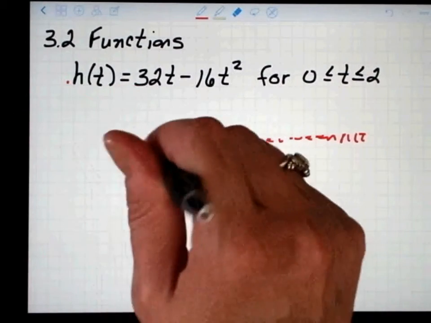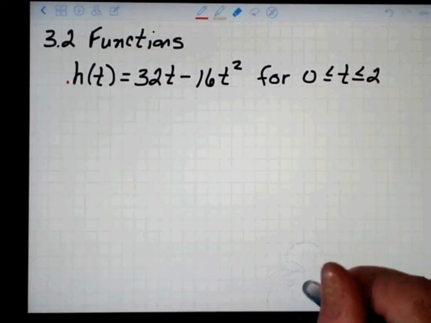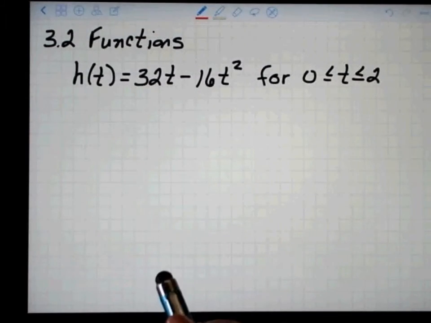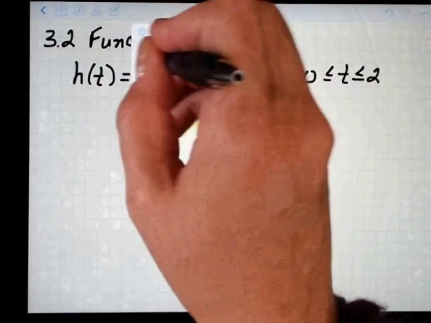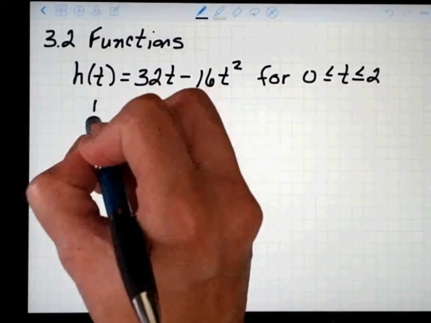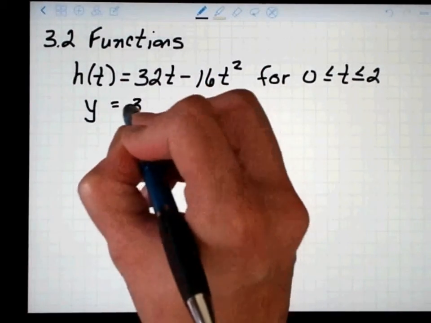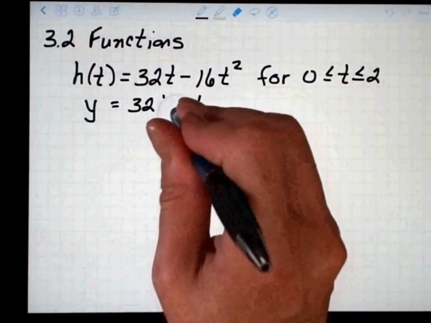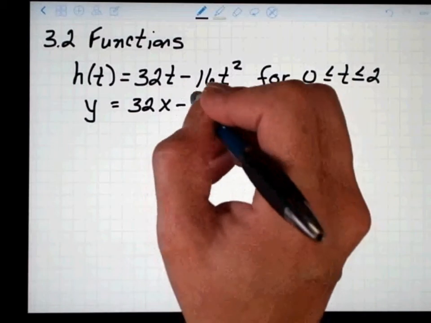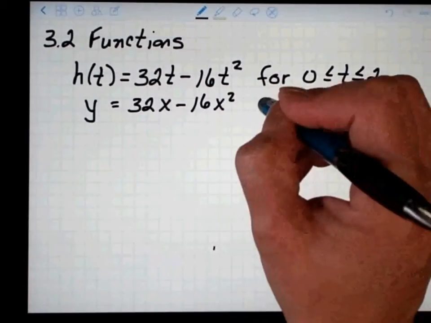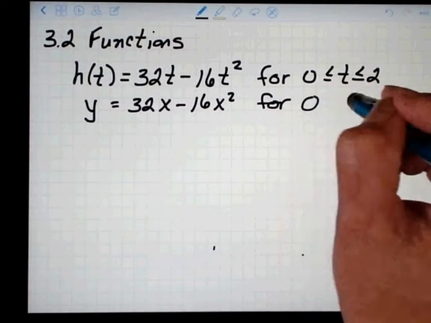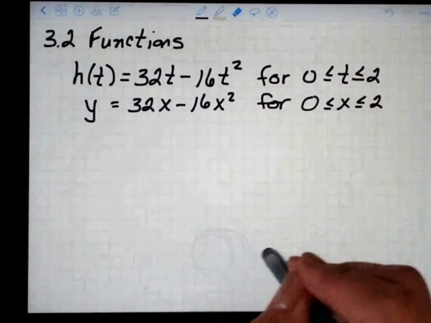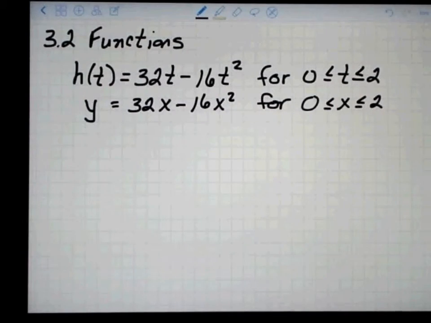If we were to say that y is the height of the ball and x is the time, because t is time in seconds, then this would be exactly the same thing as saying y equals 32x minus 16x squared for x between 0 and 2. Those are equivalent statements. It means exactly the same thing.